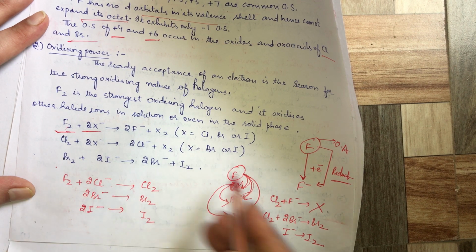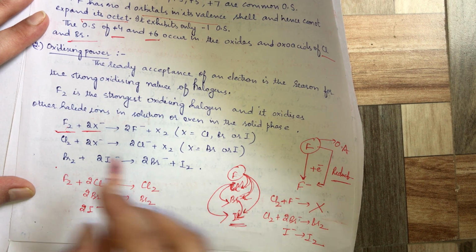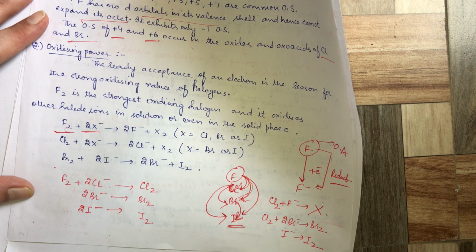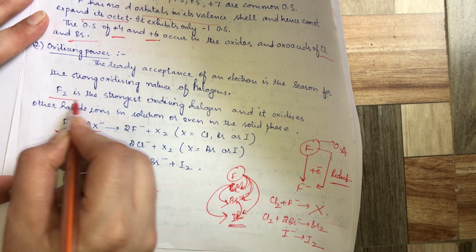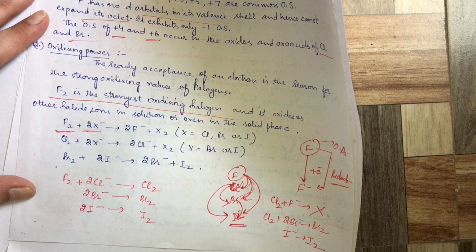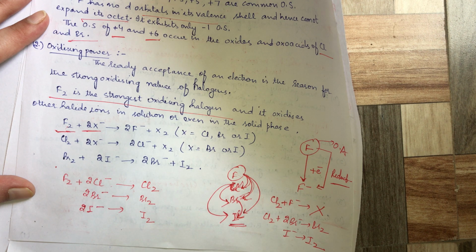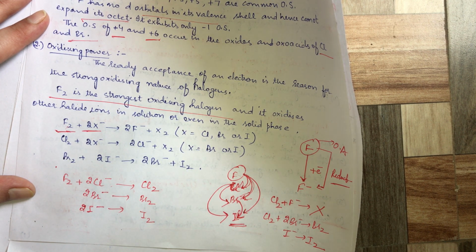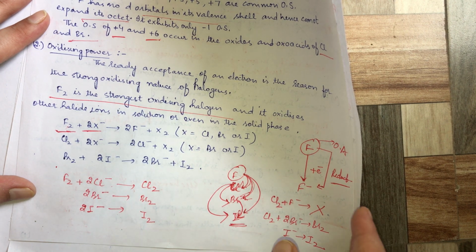So Br2 will be left with only I-, so Br2 will only oxidize I-. Hence we come to the conclusion that fluorine is the strongest oxidizing halogen, right? That means when it oxidizes others, it itself gets reduced.